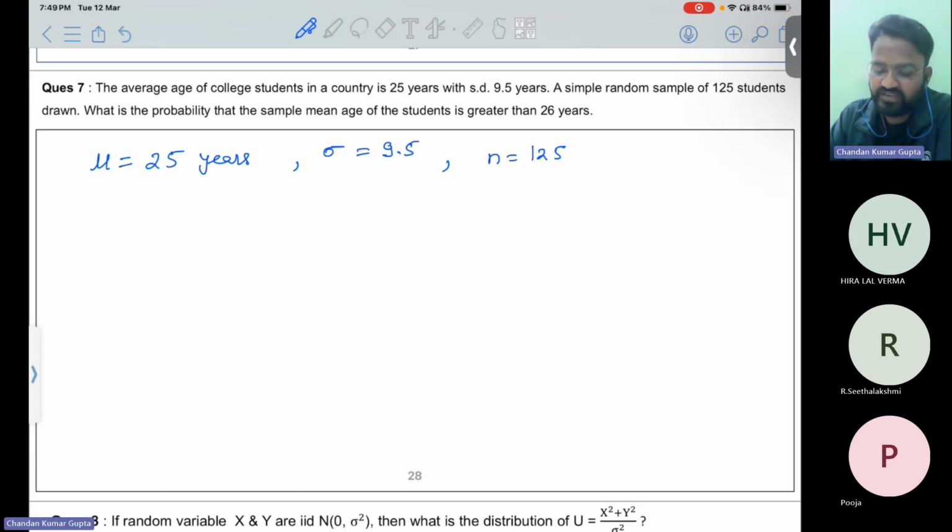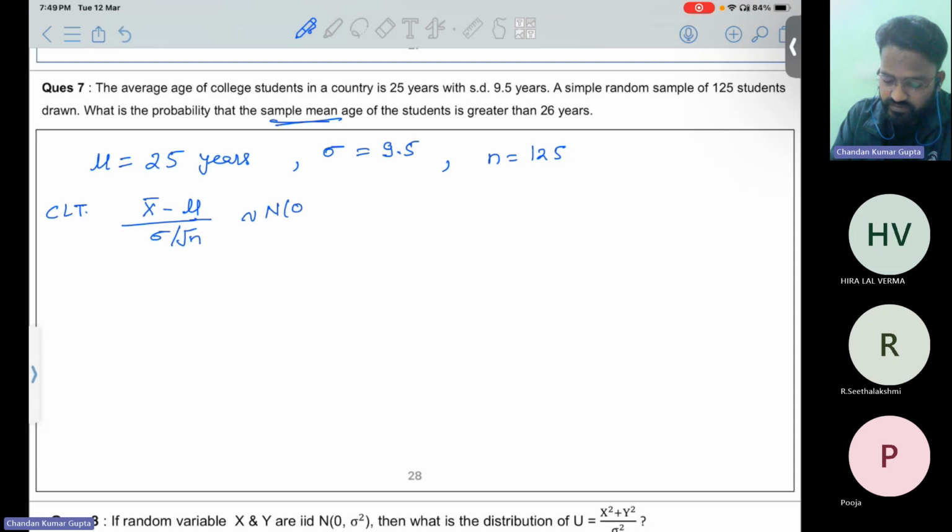CLT says that x bar minus mu upon sigma by root n follows normal 0, 1.